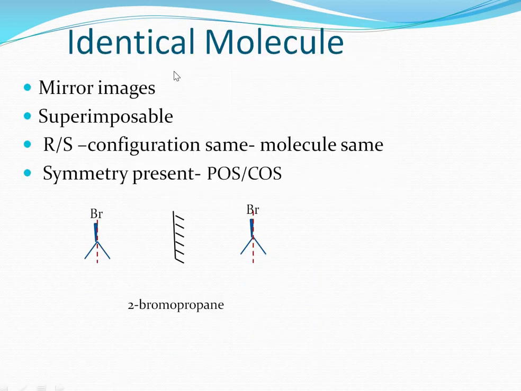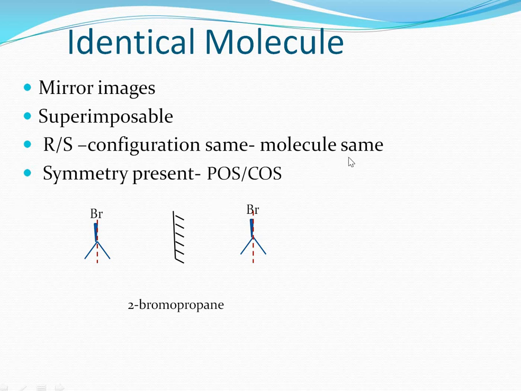In the case of identical molecules, these are also mirror images, but they are superimposable, and they have the same configuration. It means if one molecule is R, then the other will also be R configuration. In terms of symmetry elements, they should have a plane of symmetry or a center of symmetry.